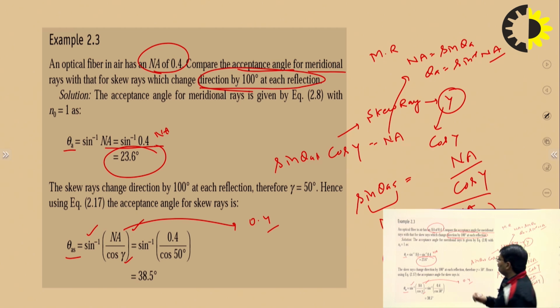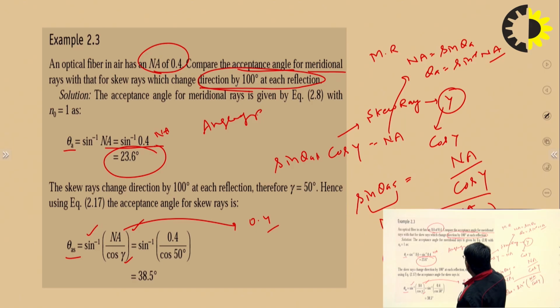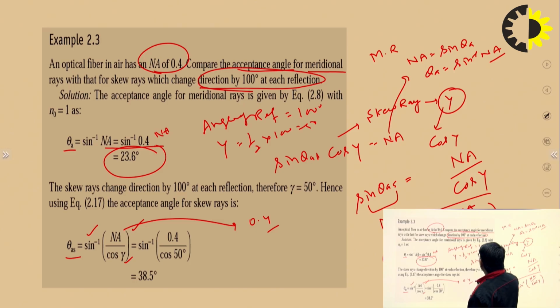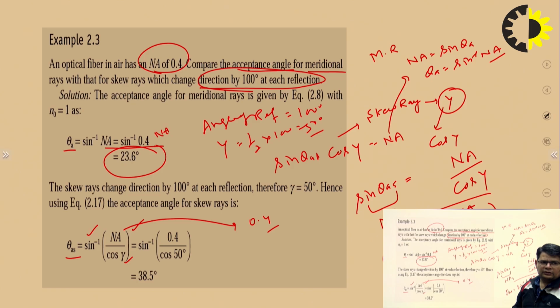That means we are given the angle of reflection as 100 degrees, and we have studied that angle gamma is half of this angle of reflection, so it is 50 degrees.